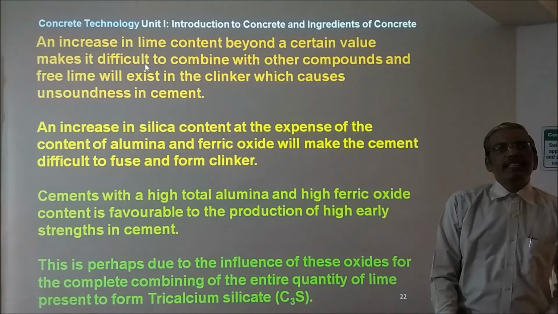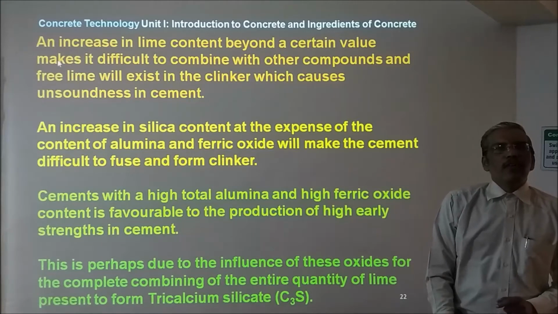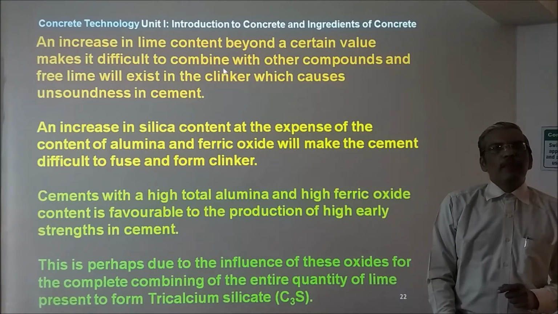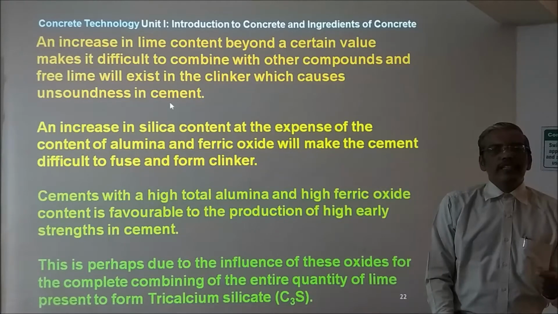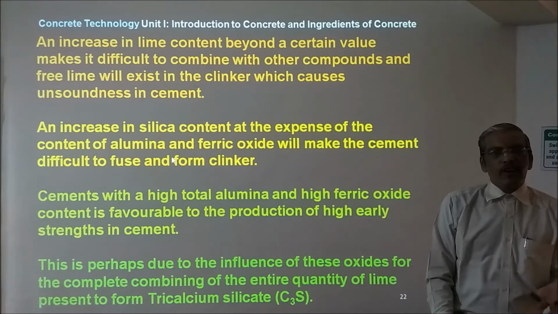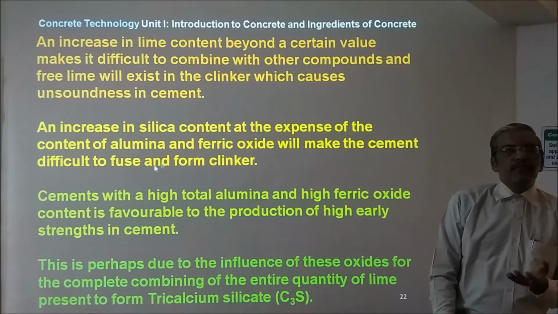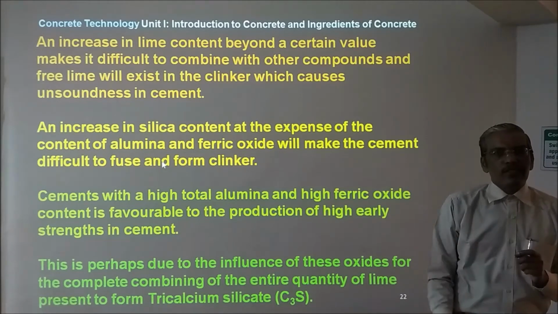An increase in the limestone content beyond a certain value makes it difficult to combine with other compounds, and free lime will exist in the clinker, which causes unsoundness in the cement. An increase in silica content at the expense of alumina and ferric oxide will make the cement difficult to fuse and to form clinker.